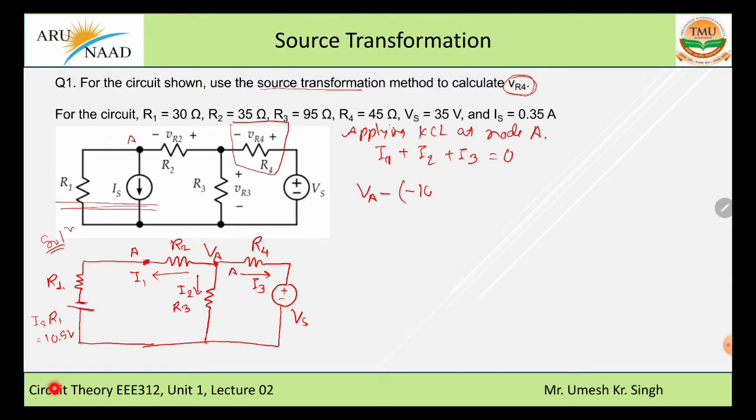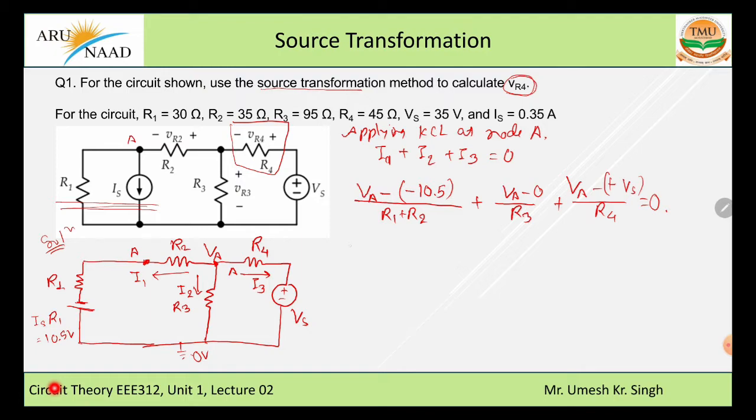So minus of 10.5, this is an important point which should be noted, divided by the resistance R1 plus R2. Again, what is I2? I2 is nothing but VA minus 0 divided by R3, plus VA minus, again plus Vs divided by R4, is equal to 0.